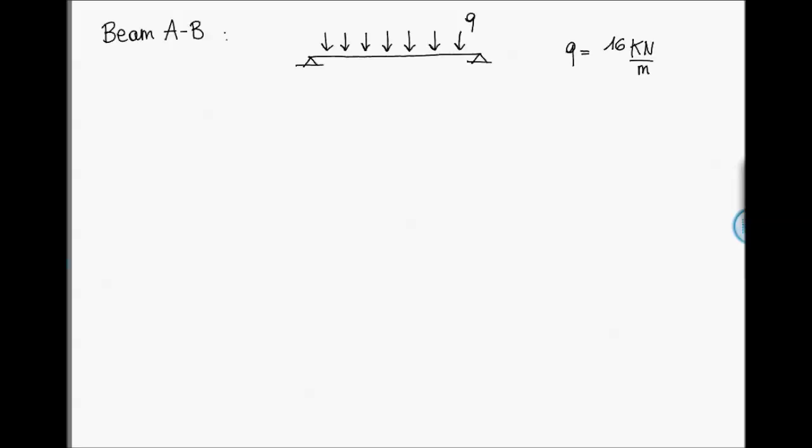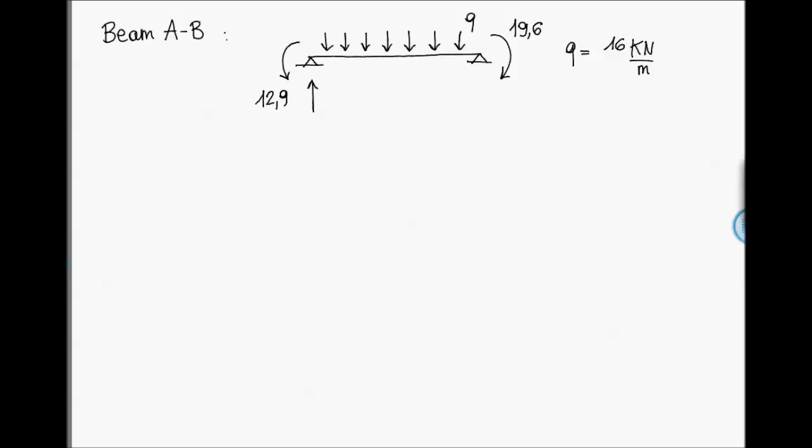And then we have also to consider the two bending moments coming from the resolution of the structure with the Cross method, which are 12.9 on the left and 19.6 on the right. So we can consider the shear on this beam as the sum of two contributions.